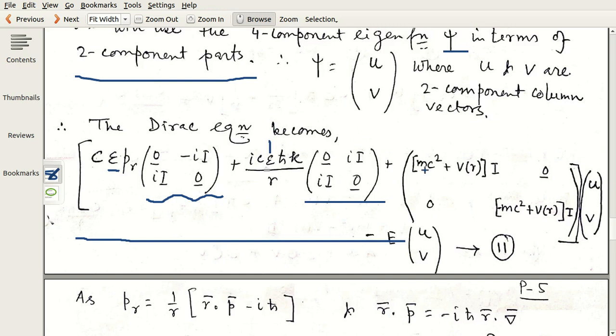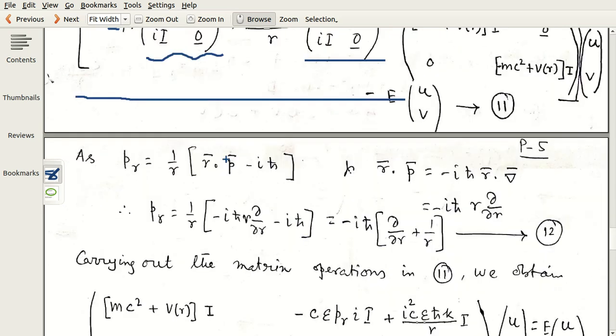And then m c square plus V, you multiply it by the beta matrix, and V r is multiplied by the unit matrix, actually remember it. Then you look at the expression. Here it looks like 2 by 2 matrices everywhere, but all of them are actually 4 by 4 matrices. So be very careful in understanding this.